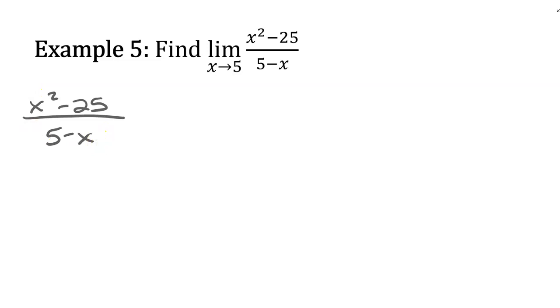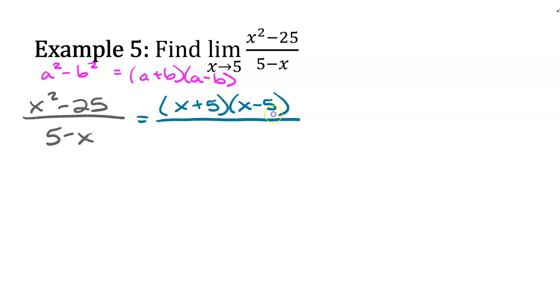So my brain immediately says, ooh, my numerator there is my special case of factoring. So special case of factoring says a squared minus b squared will factor into a plus b, a minus b. I can do that. So x squared minus 25 will give me x plus 5, x minus 5. And my denominator here, I don't like that. It's yucky because the number is first and the variable is second.